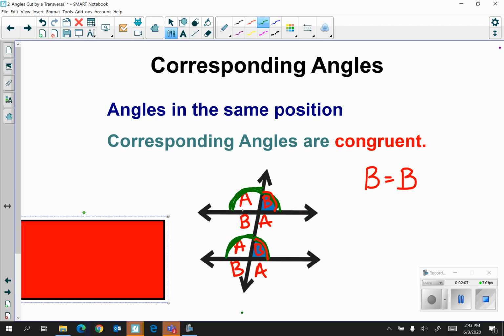They're in the top left. This A on the bottom is congruent to this A on the bottom. They're in the bottom right position. Finally, this B on the bottom left is congruent to the bottom left. And again, remember, B is equal to B and A is equal to A. Corresponding angles are congruent and they're in the exact same position.